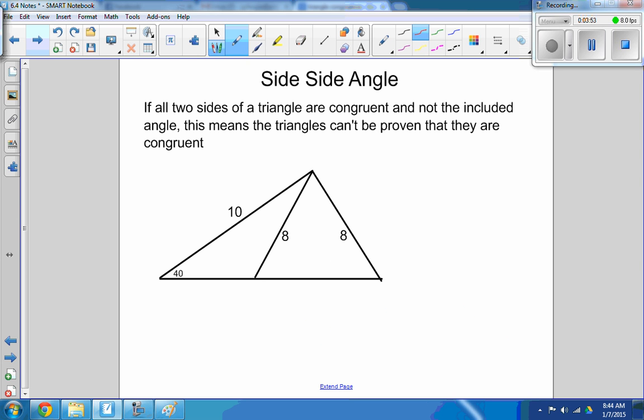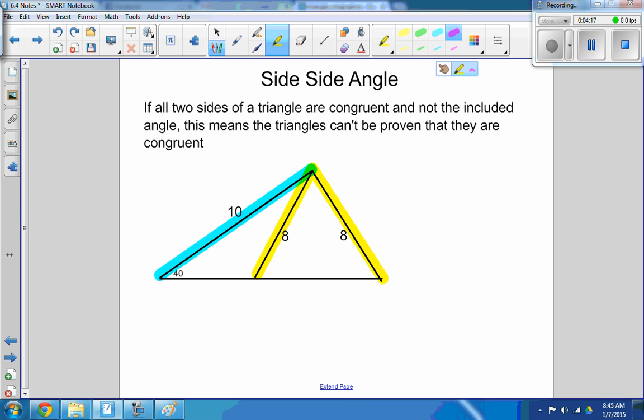Now, why does side, side, angle not work? So if you have 2 sides of a triangle that are congruent, but you have an angle that's not the included angle, that means the triangles can't be proven because there's actually 2 possibilities. I know this is length 10, and I know these are length 8. I have 2 possible options.